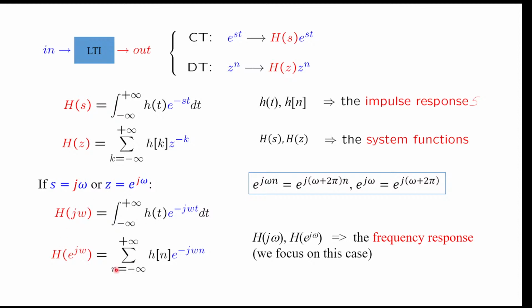But back to what we want to know now: H of j omega and H of e to the j omega have a name. Big H of s and big H of z are called system functions.